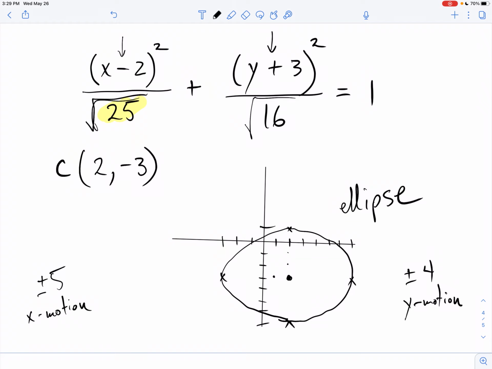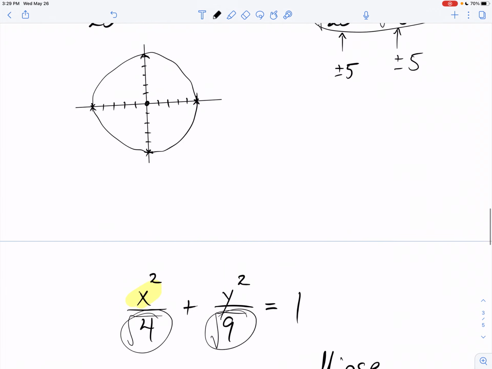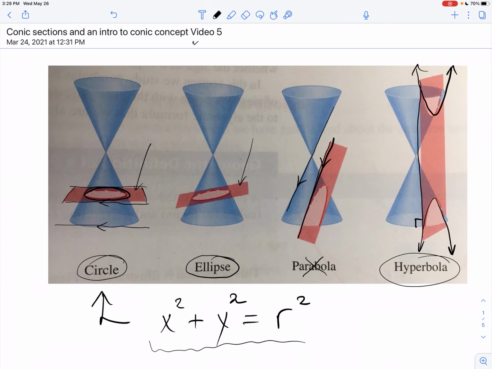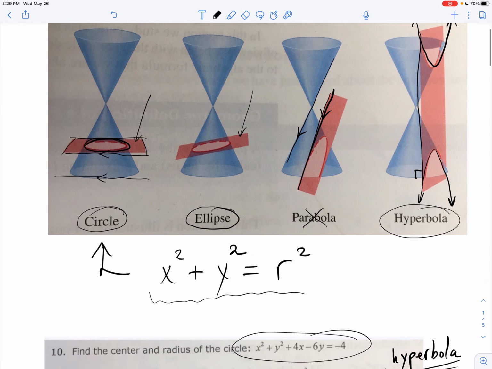So we killed 2 of these graphs off with this lesson. We did. This Intro to Conics, I called this thing Intro to Conics Video 5. And we talked about the ellipse and the circle. The circle, the regular version of the formula is x squared plus y squared equals r squared.